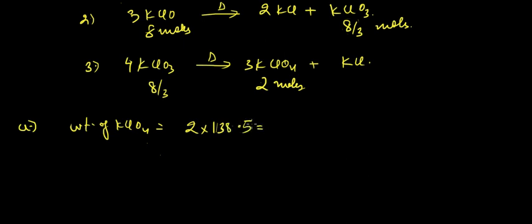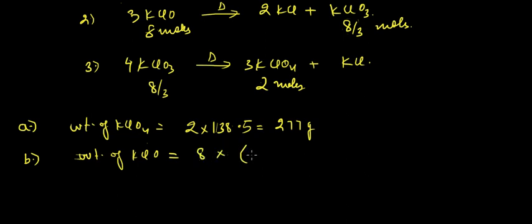So the answer would be 277 grams. Then part B: the weight of KClO formed would be 8 moles of KClO multiplied by its molar mass, which is 39 for potassium, 35.5 for chlorine and 16 for oxygen, so you would get 724 grams.